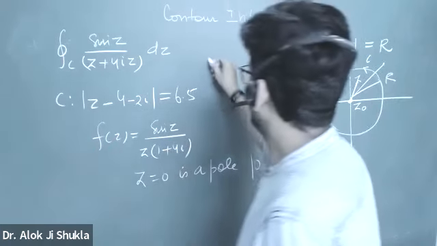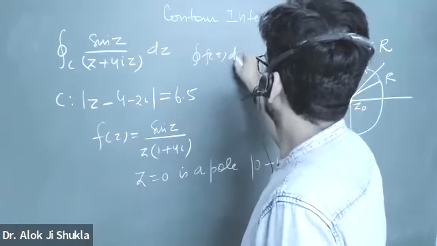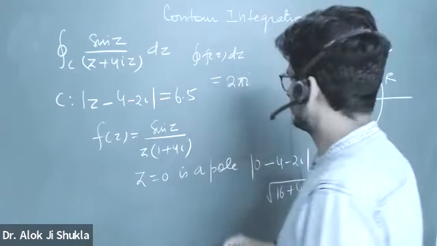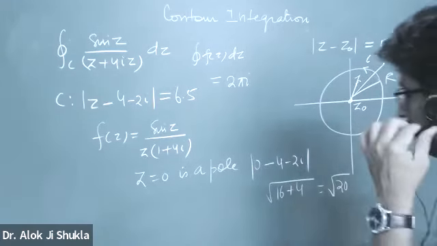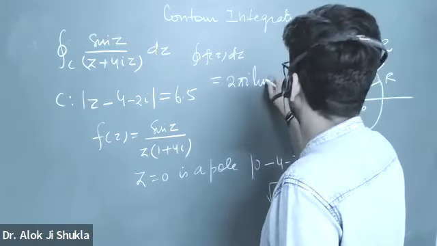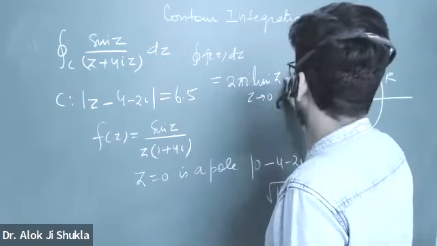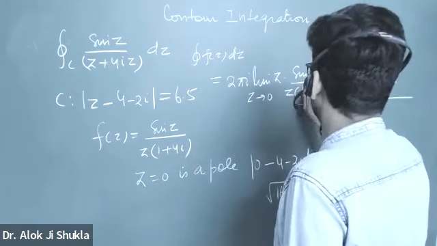And what is our integration equal to? This will be equal to 2 pi i into residue. Residue is limit z tending towards 0 of z into f of z, which is sin z by z into (1 plus 4 iota).